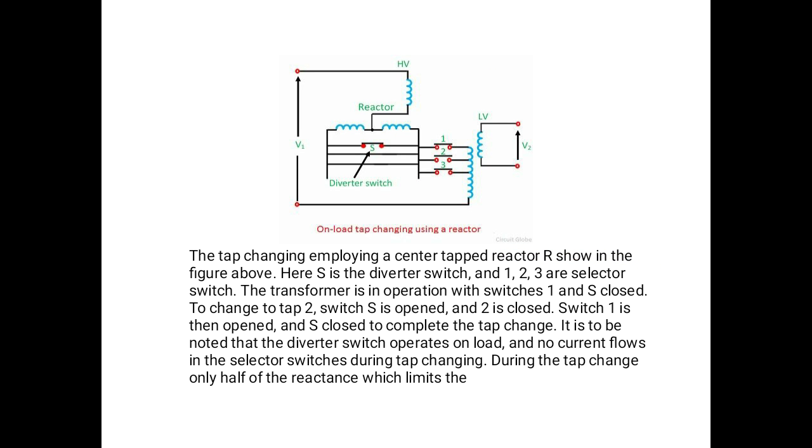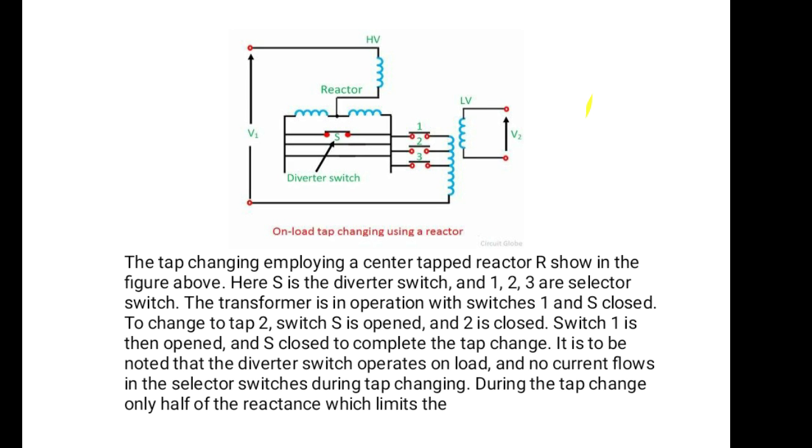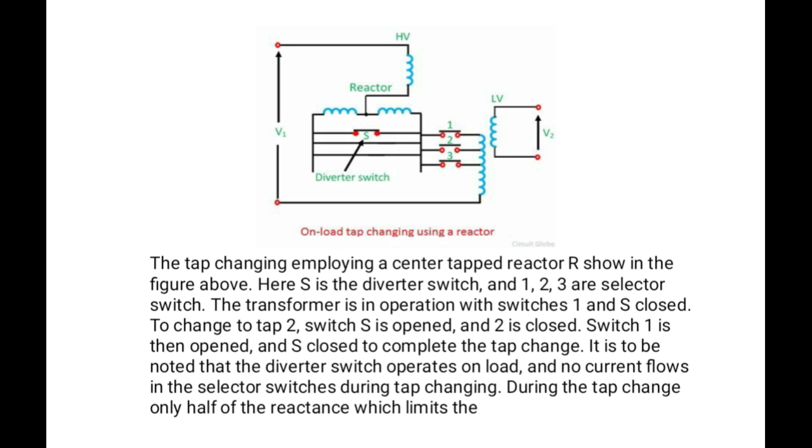Now the figure shows the on-load tap changing transformer, where there is a switch S, which is the divert switch, and 1, 2, 3 are tap changing switches, and the secondary side winding is the LV side. A reactor is provided. Primary side voltage is V1.